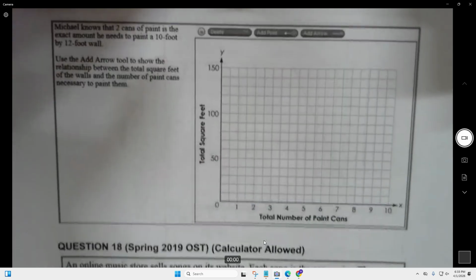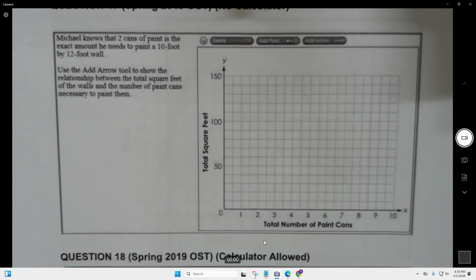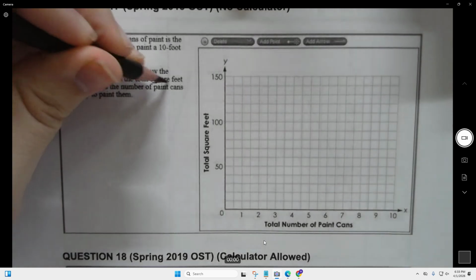Question 17. Michael knows that 2 cans of paint is the exact amount he needs to paint a 10-foot by 12-foot wall. Use the add arrow tool to show the relationship between the total square feet and the number of paint cans necessary to paint them. Okay, so square feet.